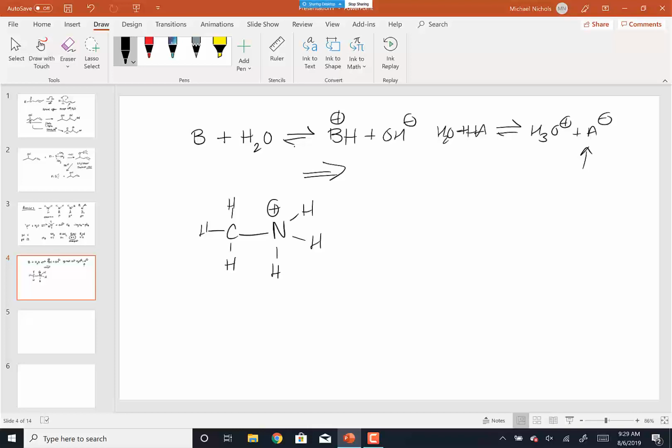Carbon, hydrogen, who's delta plus, who's delta minus? Hydrogen's delta plus and carbon's... Come on, if that's right, it's got to be delta minus, right? Okay, so the carbon's delta minus. What can that carbon with the delta minus charge do now?